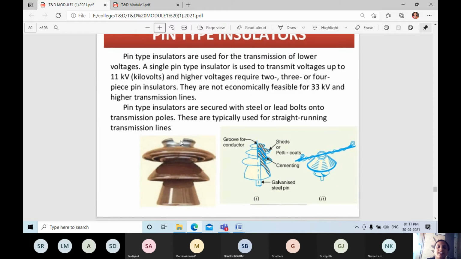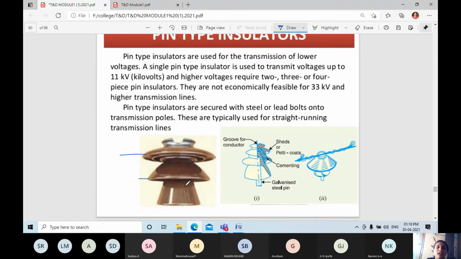I've already said they may call it a piece, or they may call it a disc. This is nothing but a disc. Now in this diagram there are two discs. Each disc is 11 kV. If you want to increase the voltage level, they will increase the discs.